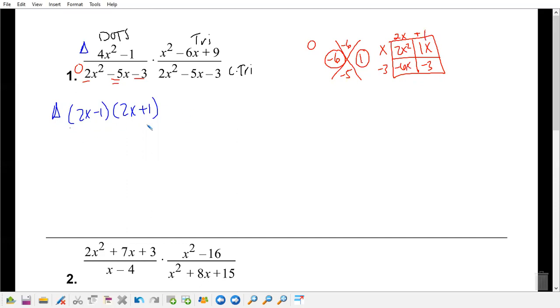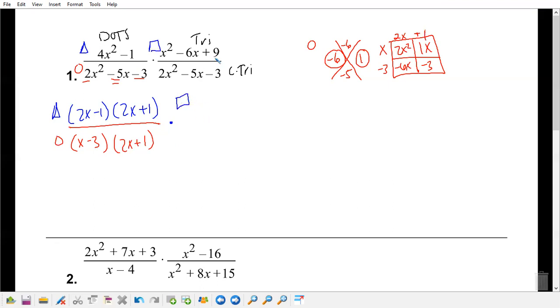So then now I know that my denominator is x minus 3 and 2x plus 1. Times. And now we're going to do the box here.